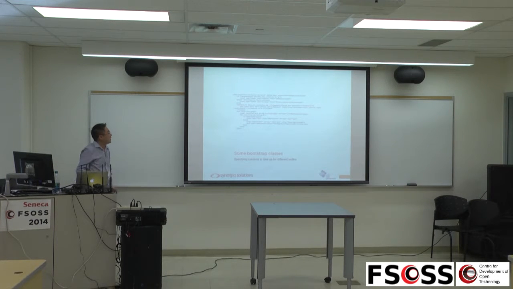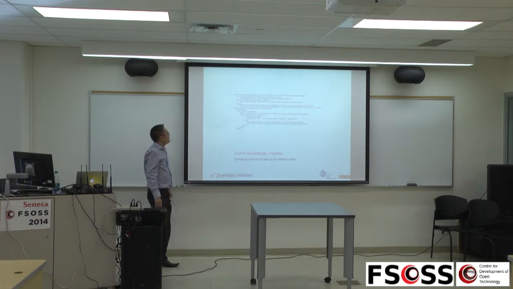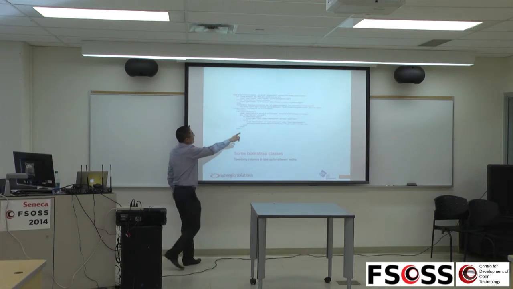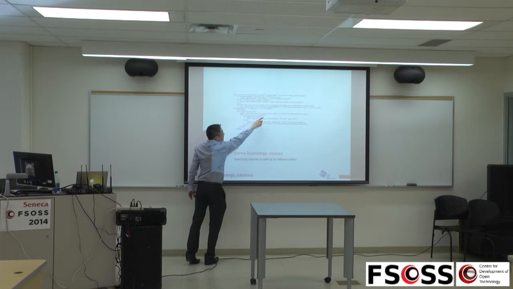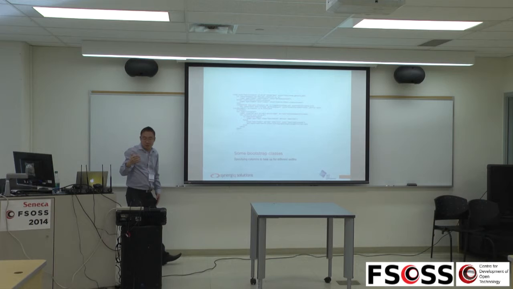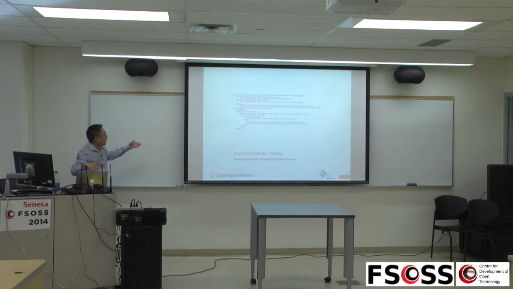So this is a little small, but I just wanted to show some of the common things you might see when using Bootstrap, like col-sm-3, col-md-2. So Bootstrap is a grid-based system, and it has up to 12 columns.